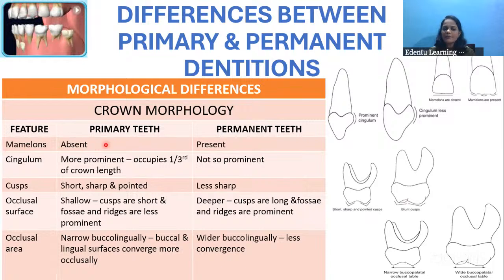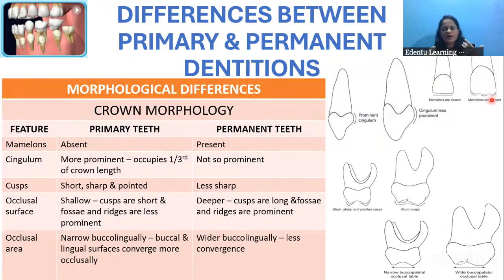Next is the mamelons. Mamelons are small finger-like projections seen on the incisal edges of the anterior teeth, especially the incisors. These mamelons are not present in the primary teeth, whereas around 2 to 3 mamelons will be there in the permanent incisors.